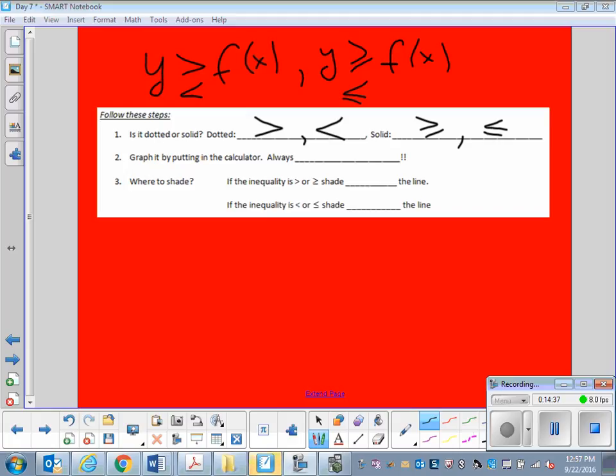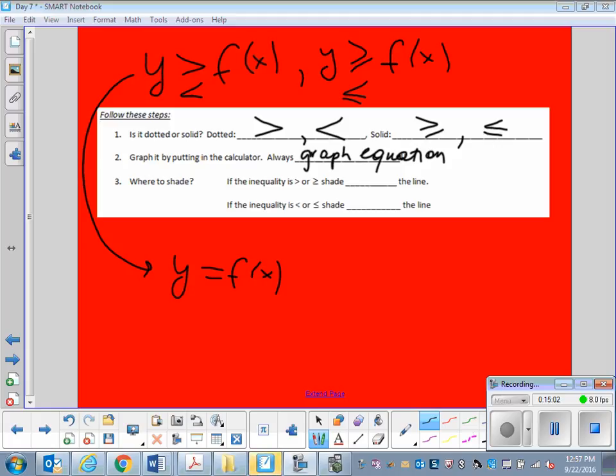And make sure that whenever you enter it into the calculator, it's always the equality, the equation, right? So you always graph the equation, not the inequality. So for this one, I would graph y equals 10. And then I just need to use the dotted versus solid.